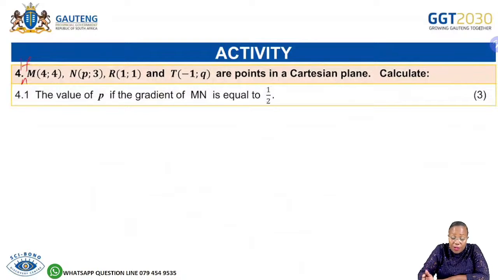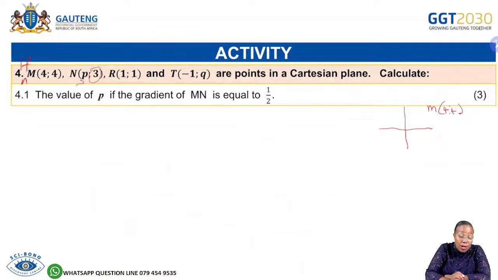So grade 12, we are just making a prediction. We don't know the actual diagram for this, but we know we are having M in quadrant 1. Why? Because M is +4 and +4. And then we are having point N. We don't know which quadrant N is in, because y is positive here. It can either be in quadrant 2 or in quadrant 1.